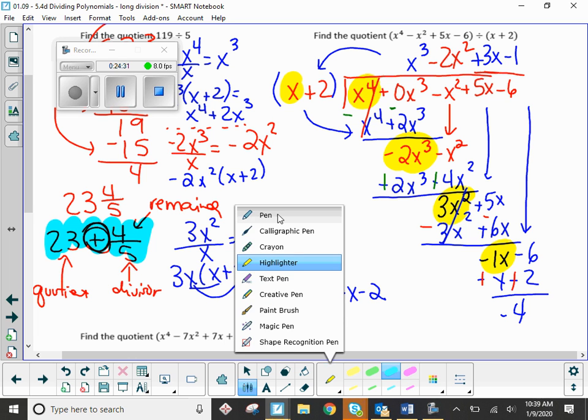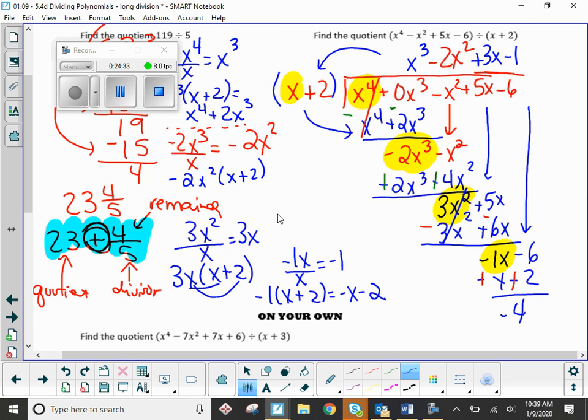So technically, how that would look over here is plus negative 4 over x plus 2. But Mario said that at first, and then he said, or maybe it'd be minus 4 over x plus 2. I would take either way, okay? It either needs to be plus the negative 4, or you can just write minus 4. I don't care which way you do it, as long as you get it right.